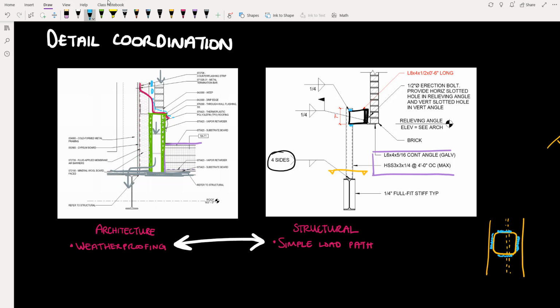So this beam actually would arrive with the post welded onto it and the angle sticking out. And so this elevation needed to be coordinated. So the contractor would need to refer to the architectural detail in order to get that elevation so that they could size this post and place the angle in the proper location.